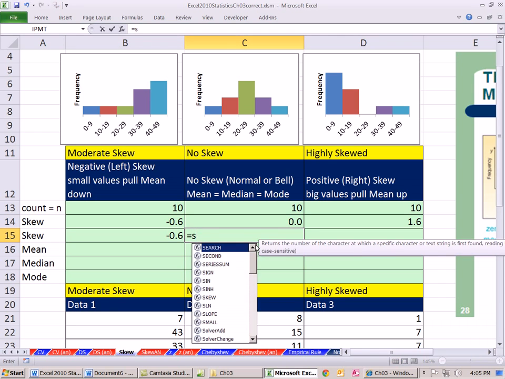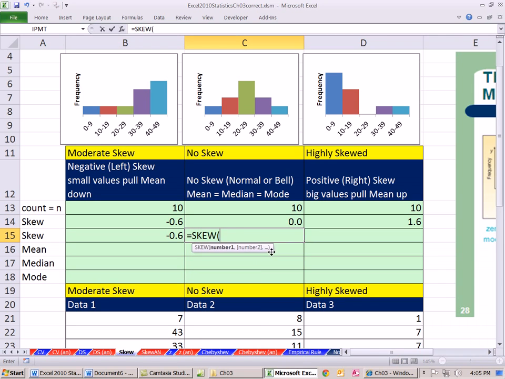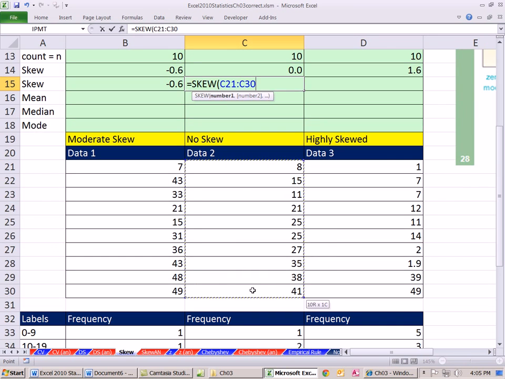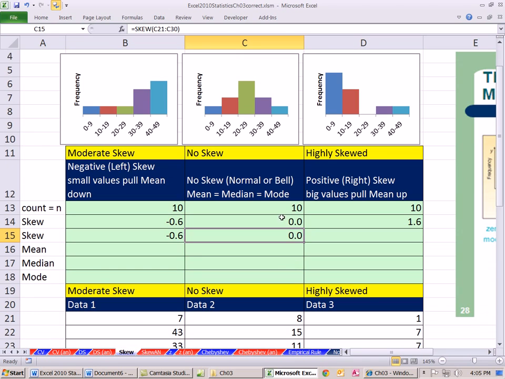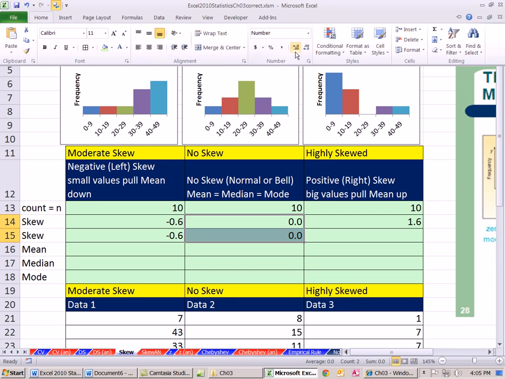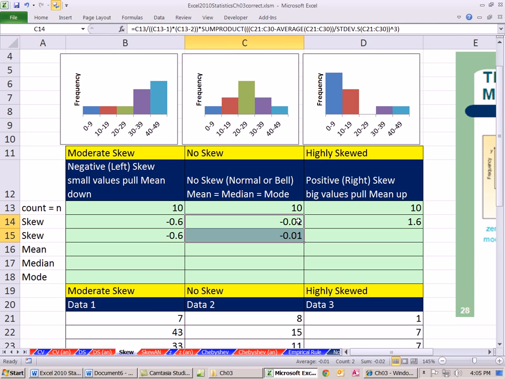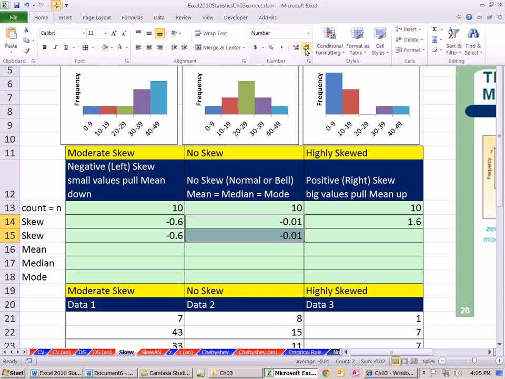How about skew here? It's 0, actually. This is number formatting. If you increase the decimals, you can see it's almost 0, but it's hard to create a data set perfectly symmetrical. So it's close enough for us.